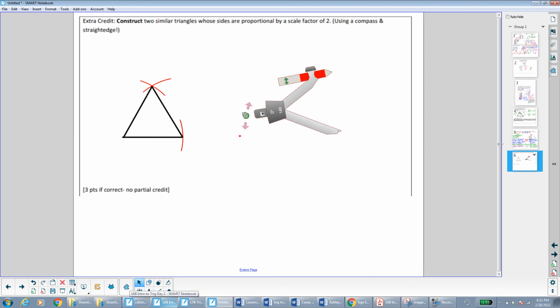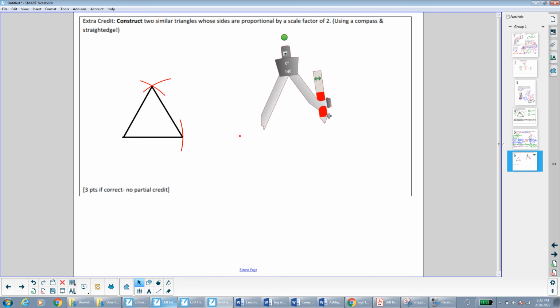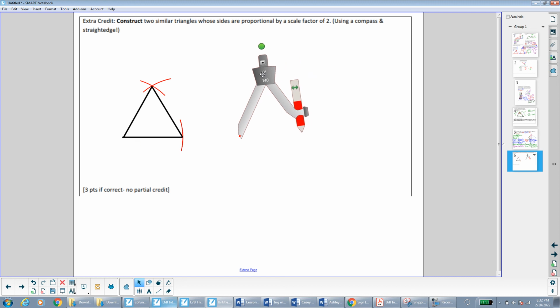And since I didn't change my compass length, I didn't change how far it was open, the amount of distance that it's open to still represents the length of each side of this triangle over here. So we want to double it because we want a scale factor of 2.